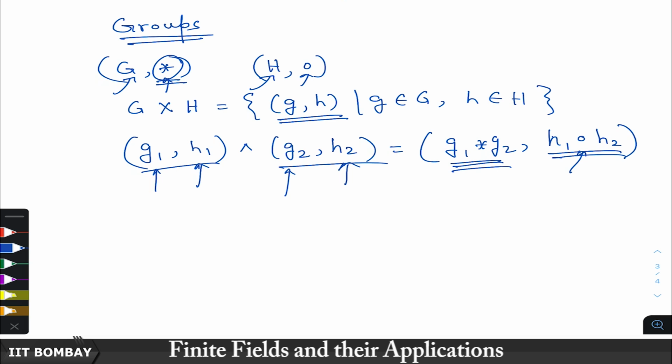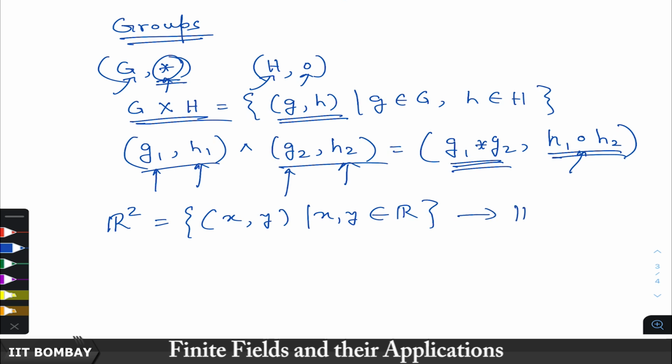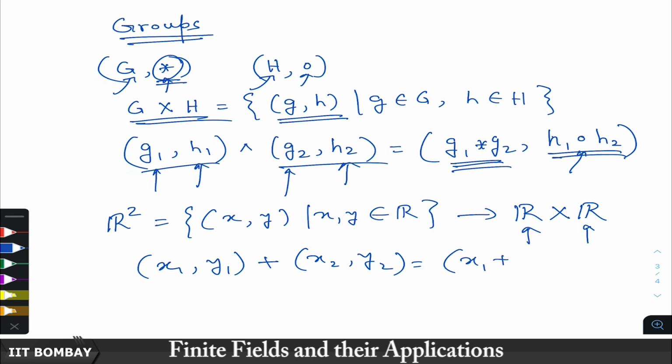Of course, we are very familiar with this type of operation, the product operation. For example, in R2, we commonly define vector addition. How do we do vector addition in R2? R2 is exactly the set of all pairs (x, y) with x, y in R. So, what we have done here is R cross R, and R is a group, and the operation is defined as (x1, y1) plus (x2, y2) is exactly (x1 plus x2, y1 plus y2).